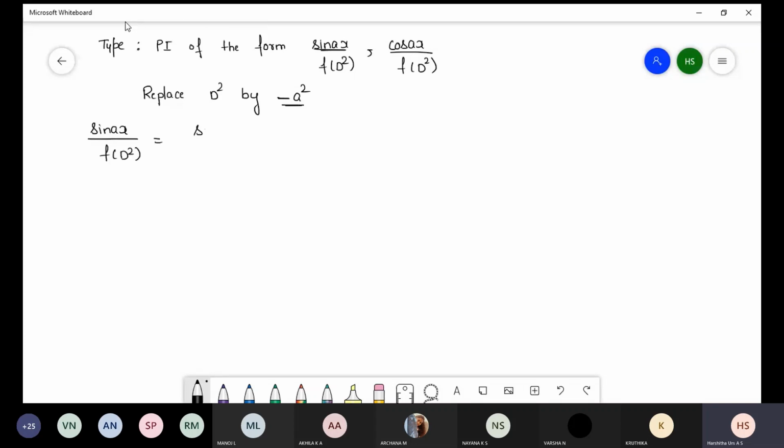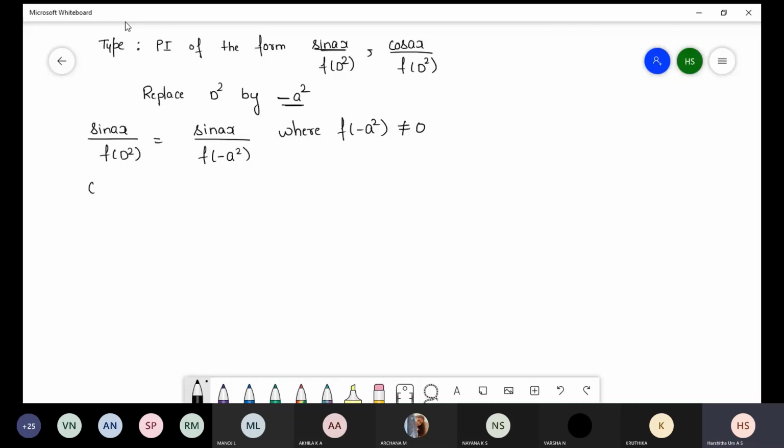According to the replacement, D square should be replaced by minus a square, where f of minus a square is not equal to 0.